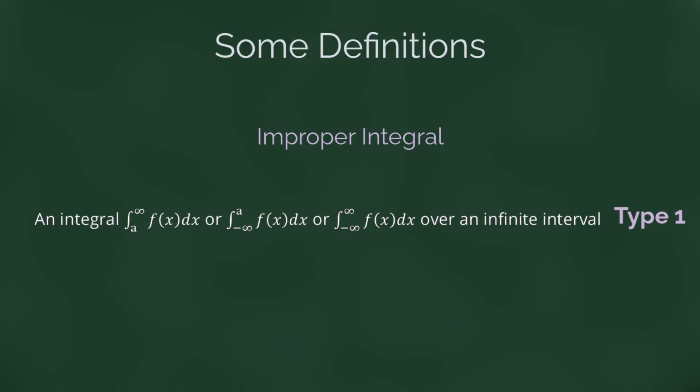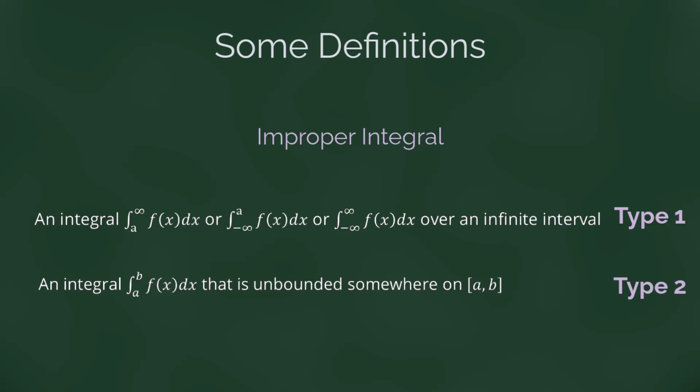We will also consider integrals of the form the integral from a to b of f of x dx when f is unbounded somewhere on the interval a to b. We'll see that if there is a point of discontinuity, we can still consider the definite integral, and we will refer to those as type 2 improper integrals.